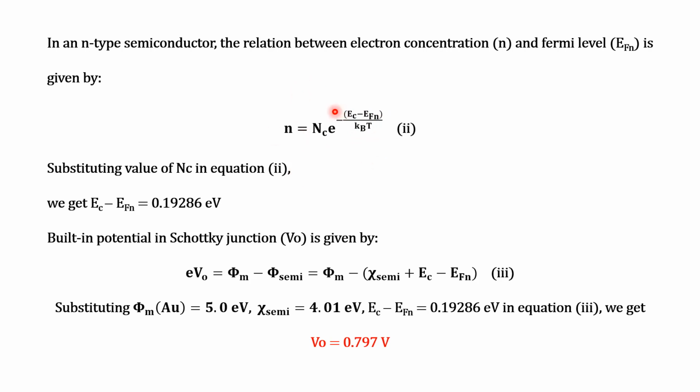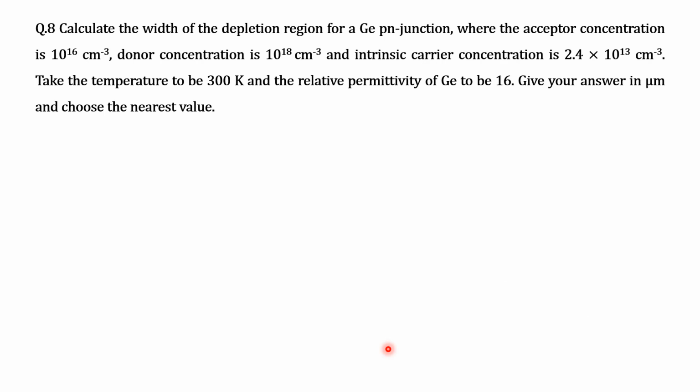Hence we can use the intrinsic carrier concentration, root of NC NV e raised to minus EG by 2 times KB into T. There NC is equal to NV was given, hence we got the value of NC. And upon substituting here we got EC minus EFN. And once EC minus EFN is known, the rest are all given to us and we can find EV0 as 0.797 volts. So I hope this question is clear to all of you.